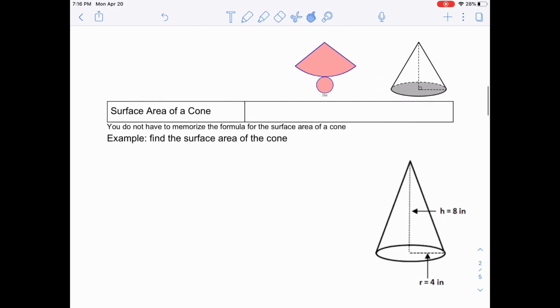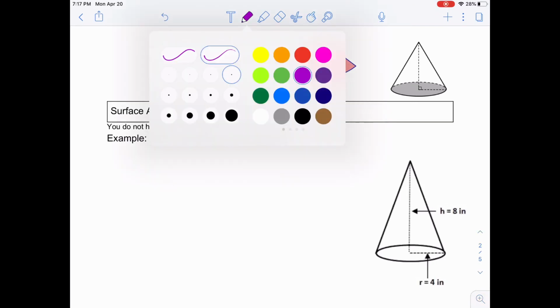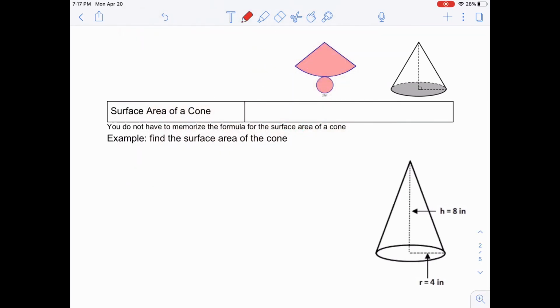Notice I've shown you a net here of the cone, so you can see that the cone has a circle base, and then you wrap that other area to get this lateral area of it, which is not a very intuitive formula. So what we want to do is list the formula to use in this. We're going to have as part of our formula the slant height. So I'm going to use L for my slant height again.